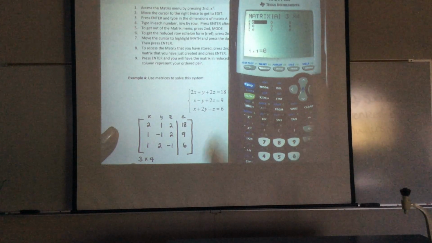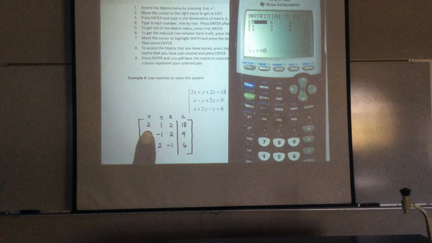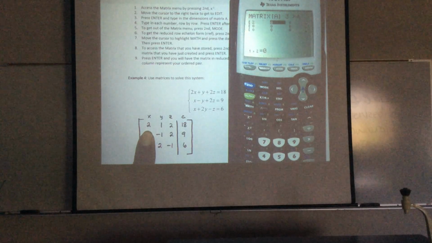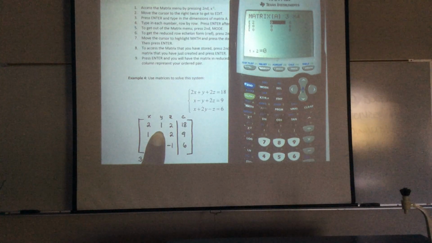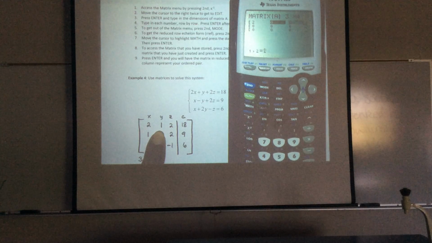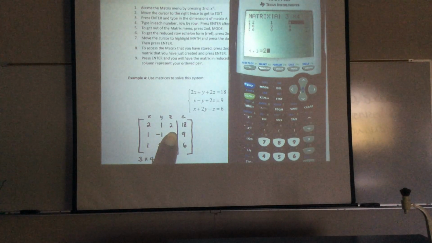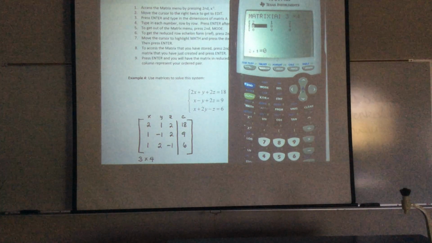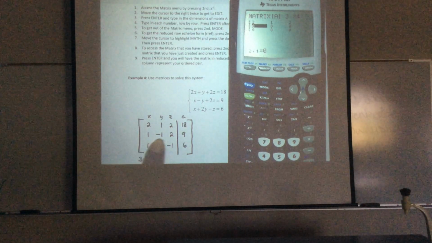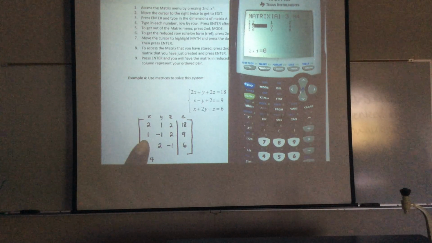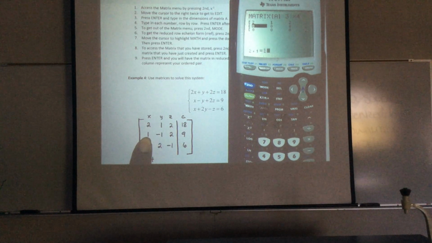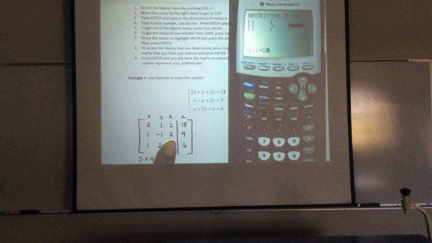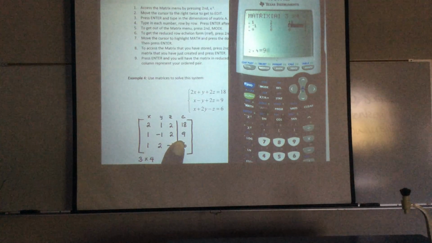Now, you're going to type in each number row by row, pressing enter after each element. Starting with that first row of 2, 1, 2, and 18, you type in 2 and then enter, then 1 and enter, then 2 and enter, and then 18 and enter. It takes you to the next row, where you type in 1, enter, negative 1, enter, 2, enter, 9, and enter.